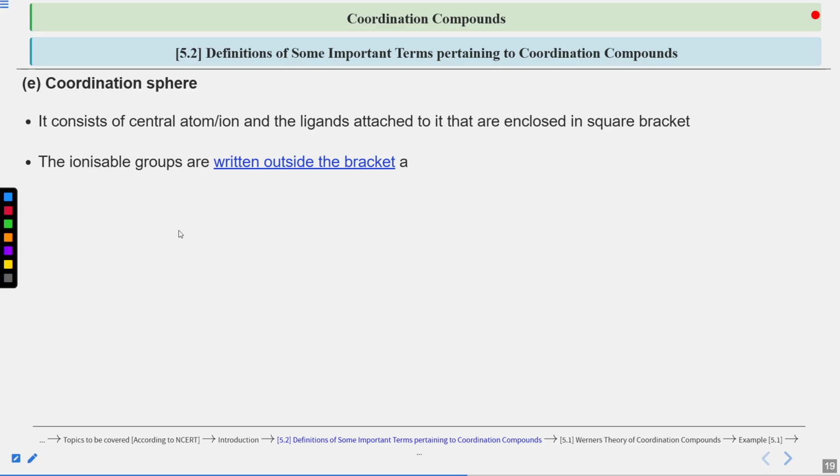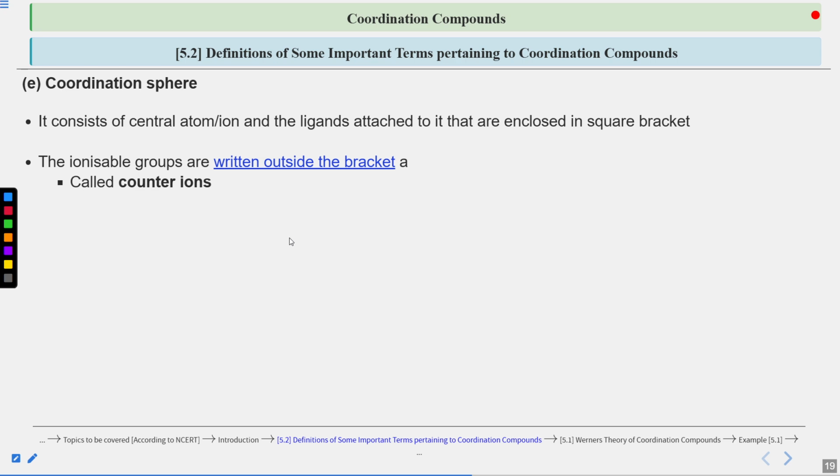The coordination sphere consists of the central atom or ion to which ligands are bonded, enclosed in the square bracket. The ionizable groups, which means groups that dissociate into different ions when dissolved in solution, are written outside the square bracket and are called counter ions.